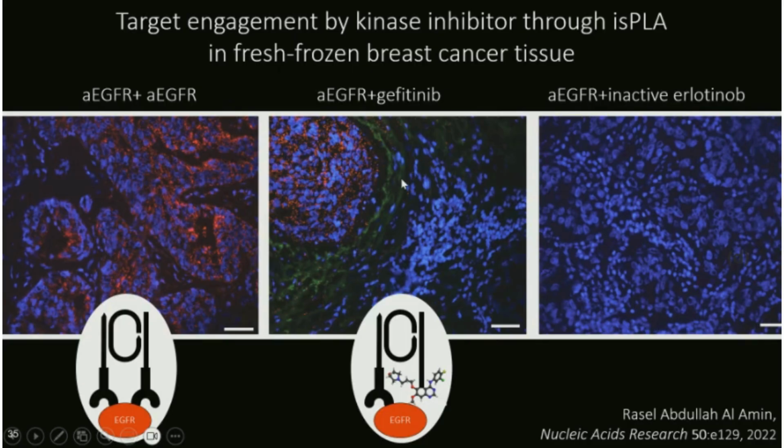So this is what is known as target engagement. In pharmacology, you want to know, does my drug hit its target? And here we can see that. Here we use not gefitinib as a drug, but erlotinib, which is a good kinase inhibitor that should bind the EGF receptor. However, the way we put the oligo on it, we destroyed its ability to bind. So it's a negative control, and it's very negative and nice.